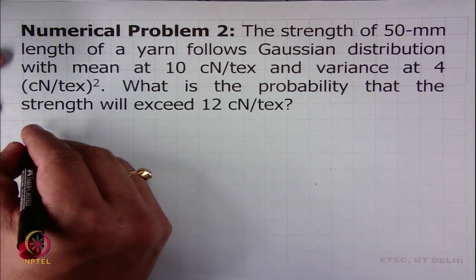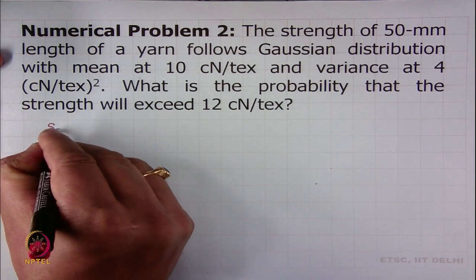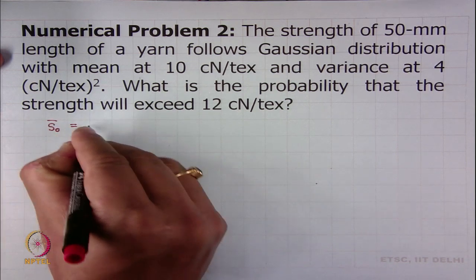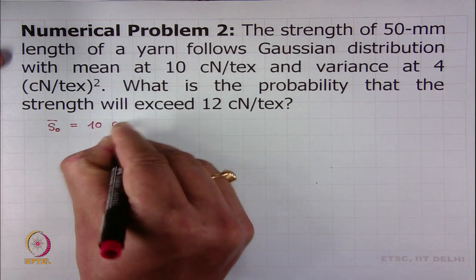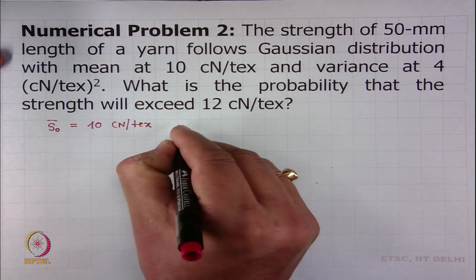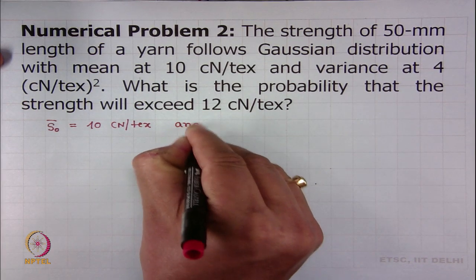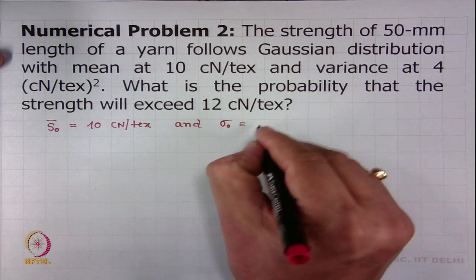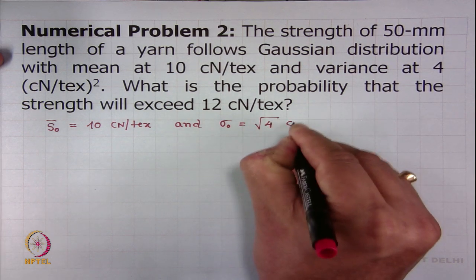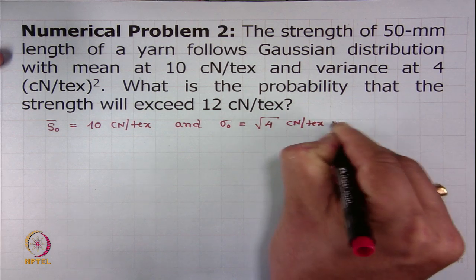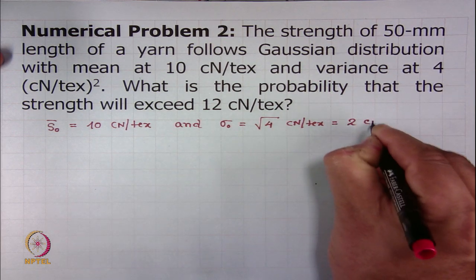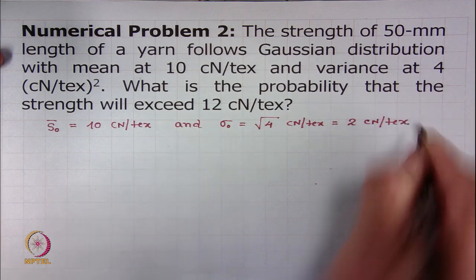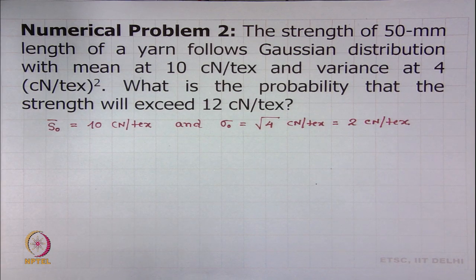Now, what is given? Given is this 10 cm per tex and sigma naught squared is given 4 cm per tex square, that is equal to 2 cm per tex, because we know that standard deviation is positive square root of variance.